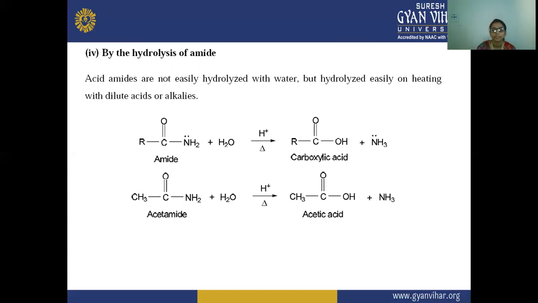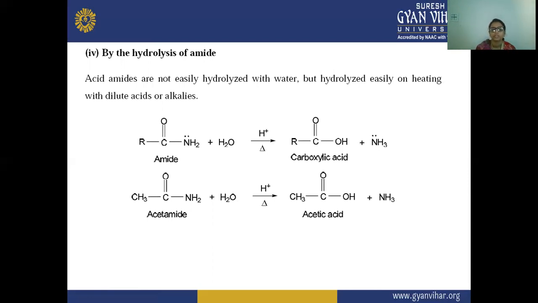What is happening here is that H2O dissociates, forming H positive and OH negative. The H positive reacts with the NH2, forming NH3, which is removed. After that, the OH from the H2O attaches to the carbonyl carbon, and there is a formation of carboxylic acid.